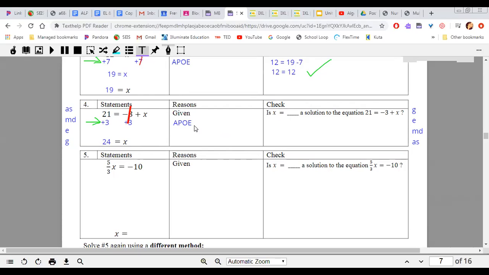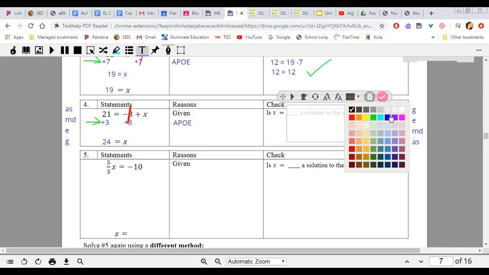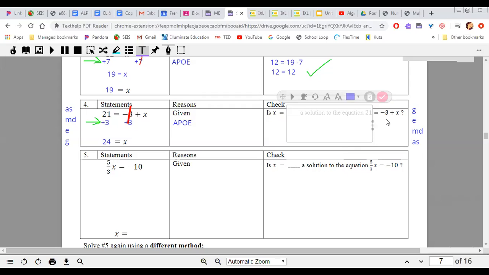What's POE stand for? Property of Equality. Good, equality. Meaning we are doing it to both sides of the equation. So I take my 24, plug it in over here. I have to remember to write my 24 again up here because there's a space for it. And it's saying if x equals 24, is 24 a solution to the equation?